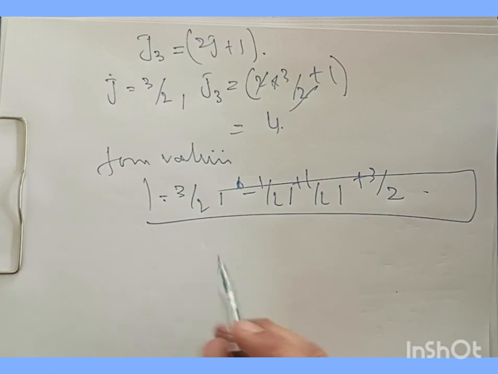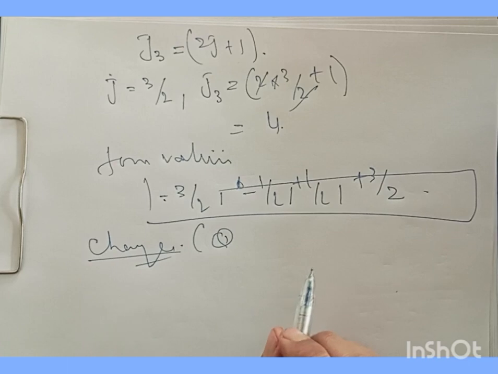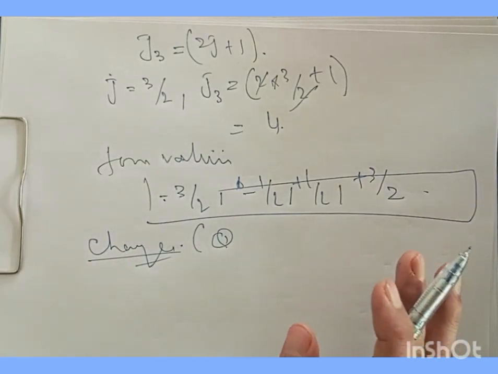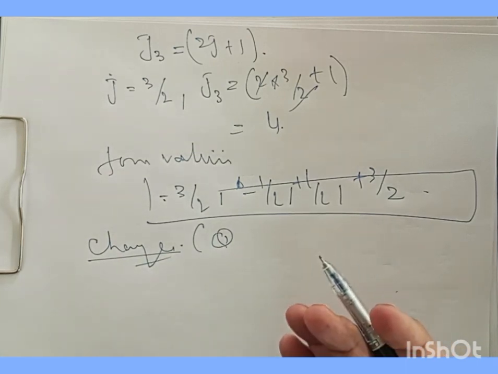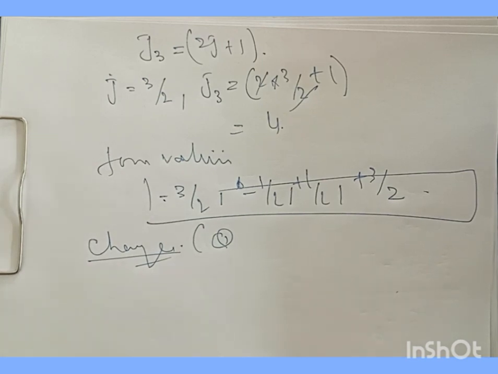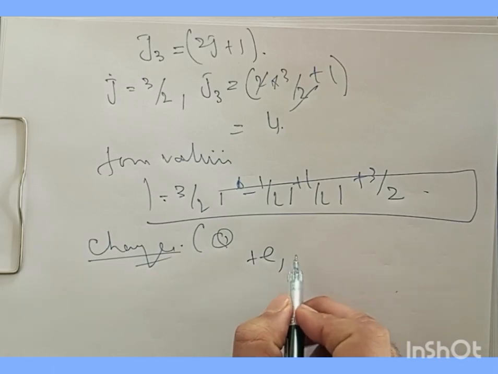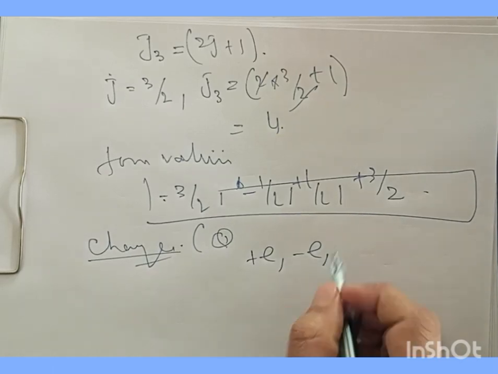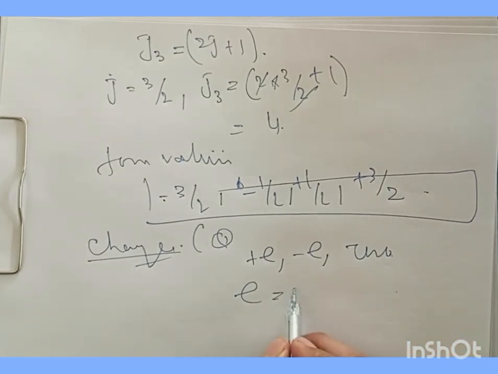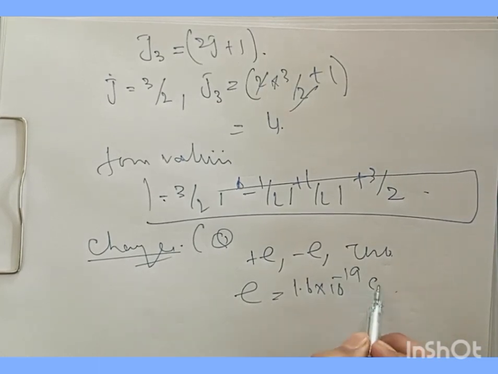Now, talking about the charge Q of these elementary particles: they can have positive charge, negative charge, or zero charge, that is, neutral. Their charge is generally written in terms of plus e, minus e, and simply 0, where e is the charge of an electron, 1.6 times 10 to the power of minus 19 coulombs.